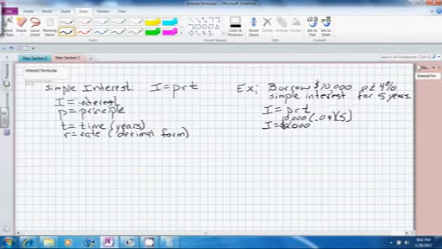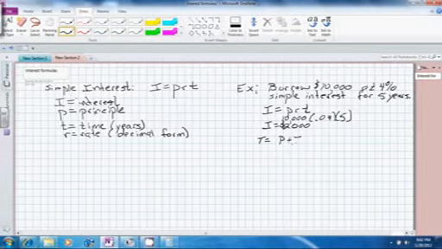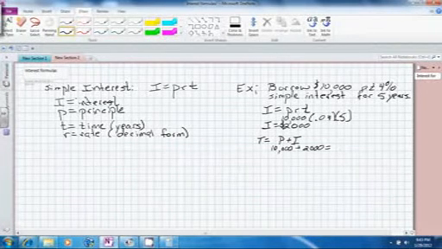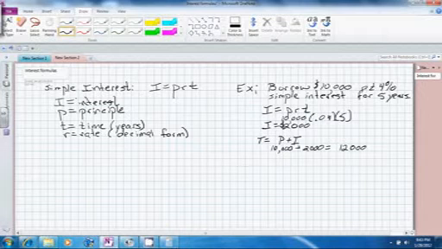So we pay a total of $2,000 in interest. So the total amount that we end up paying is our principal plus our interest. So 10,000 plus 2,000, which is equal to $12,000.